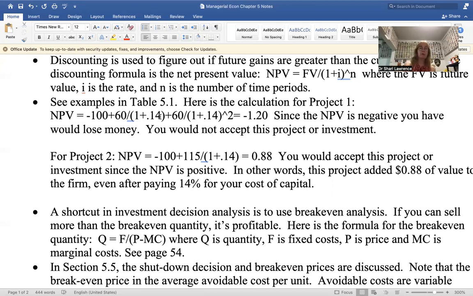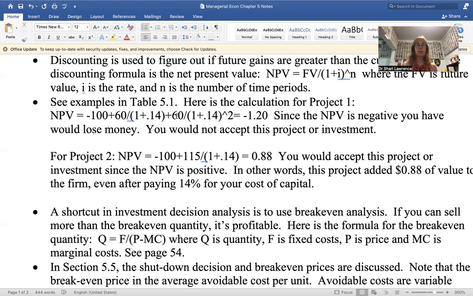All right. So the net present value is negative $100 plus the present value of $60 going back 1 year, so that's 60 divided by 1.14, 1 plus the rate of return, plus the present value going back 2 years.